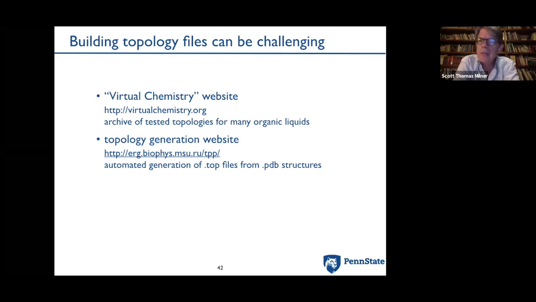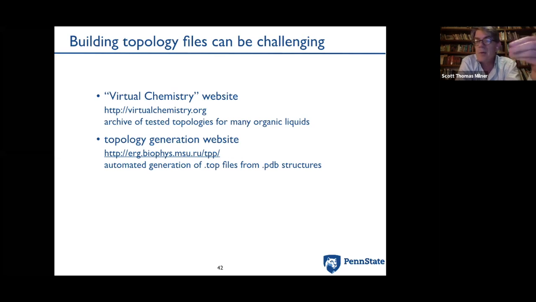Another possibility is to try to write a program that automatically generates the topology file, not using PDB to GMX, but using chemical knowledge. You give it a chemical structure in the form of a PDB file, but not a protein, and it looks at it and tries to figure out what kind of atomic group is present. So not just an oxygen, but a carbonyl oxygen or an ether oxygen.